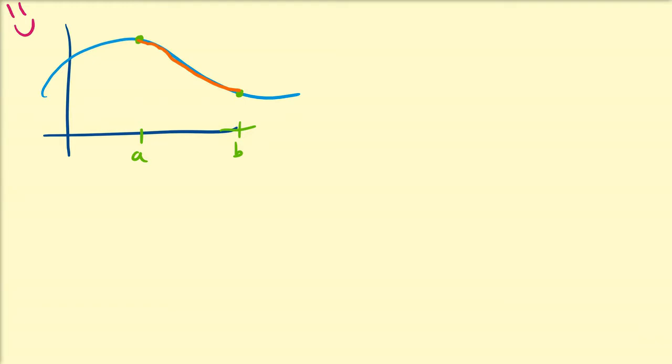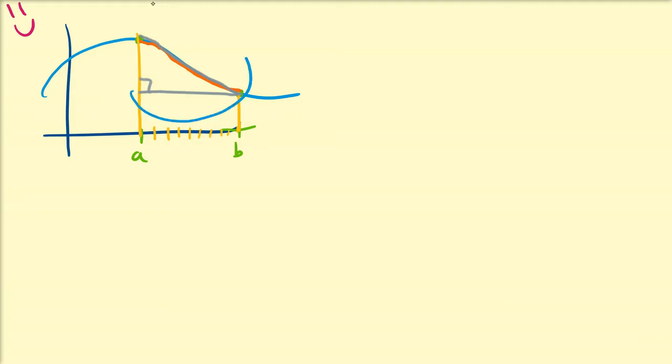So how can we go about this? We can chop this up into little pieces and approximate the length of this curve. And how are we going to do that? One possible way is to use one interval and a right triangle, and use that hypotenuse length as the approximation to the curve.